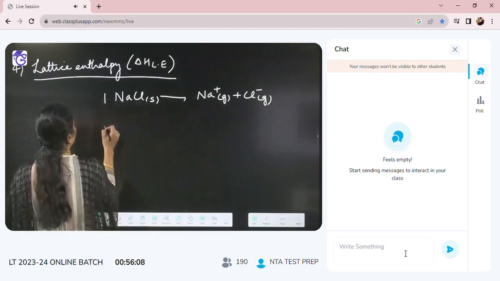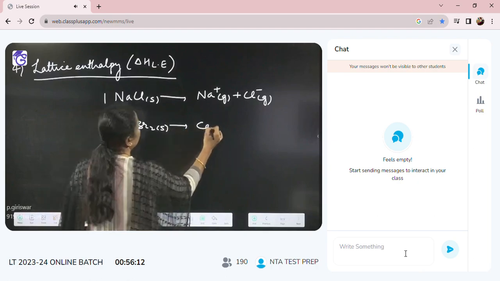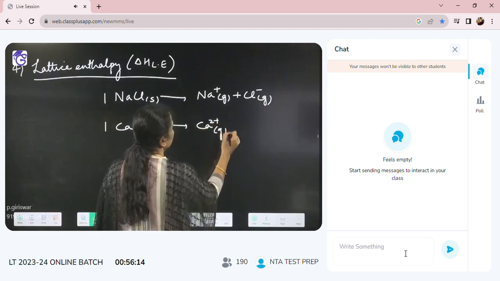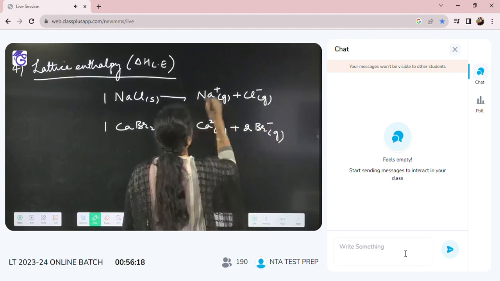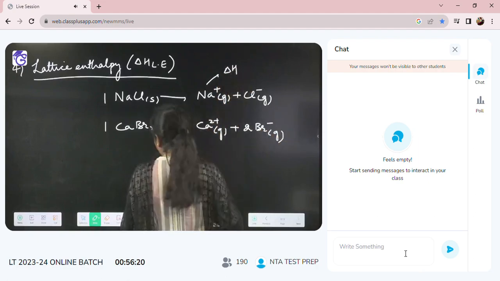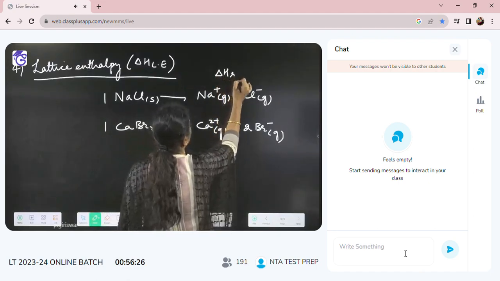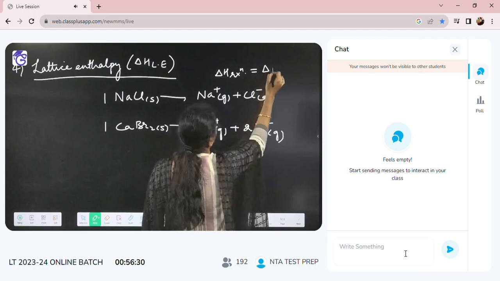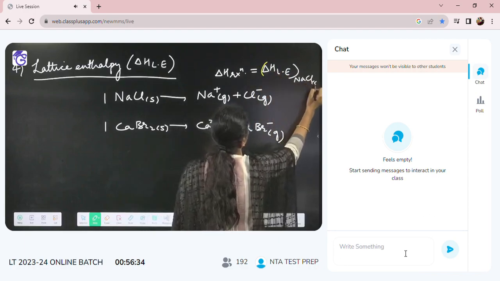So I can also write down, suppose CaBr2 is there. Here I can write down Ca2 plus gaseous plus twice of Br minus gaseous. So the thing is here, whatever is the deltaH for the reaction, that is representing the deltaH lattice enthalpy for NaCl solid.